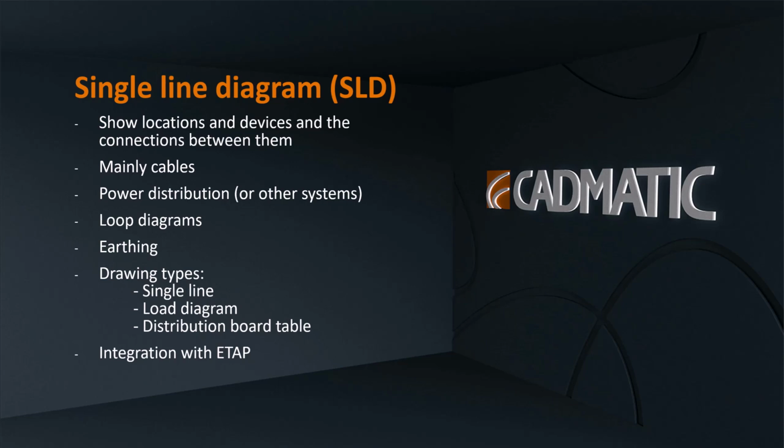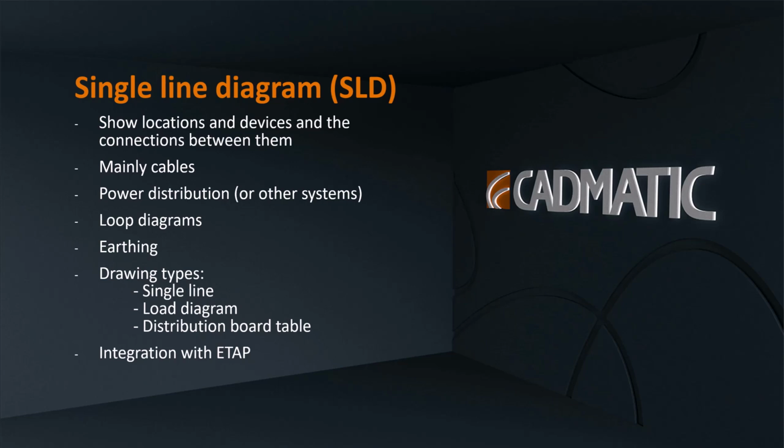And also, I want to always highlight a few things. Now, for single line, I want to highlight this one thing, which is the integration with ETAP. ETAP is not a CADMATIC tool. It's a third-party software that is used for electrotechnical calculations and maybe simulations as well.